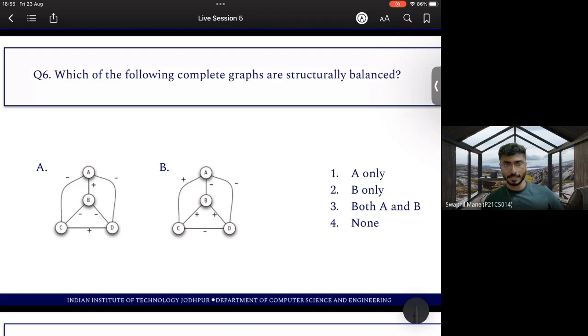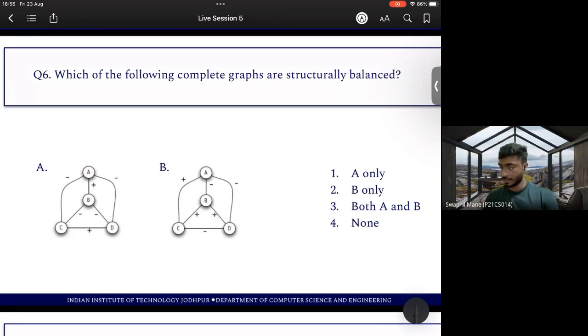Between A and C in option A, there is a negative relationship, which is an enemy relationship. And in option B, a friendship relationship has been given. Positive shows a friendship relationship, negative shows an enemy relationship.